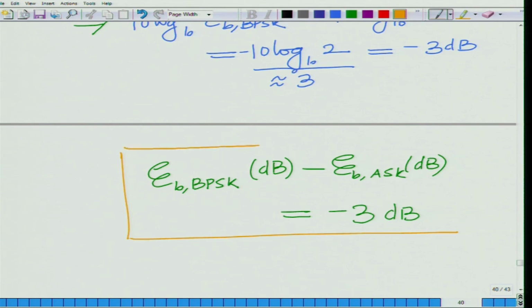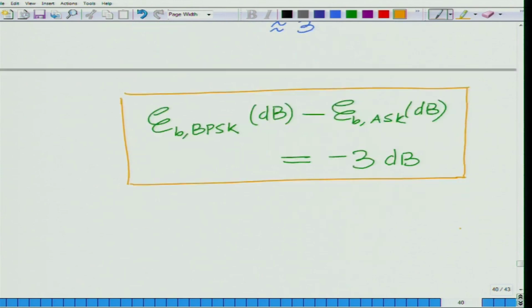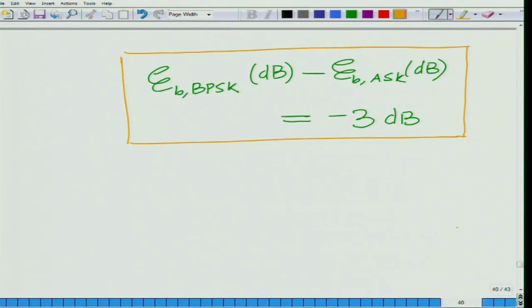What this means is, for the same bit error rate performance, binary phase shift keying requires 3 dB less average bit energy in comparison to amplitude shift keying, or in other words, amplitude shift keying requires 3 dB higher average bit energy in comparison to binary phase shift keying. Therefore, binary phase shift keying is more efficient than amplitude shift keying.